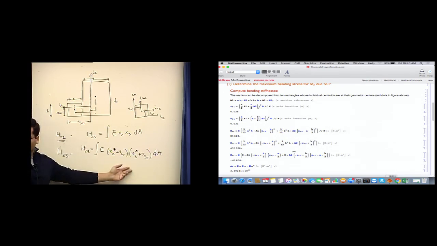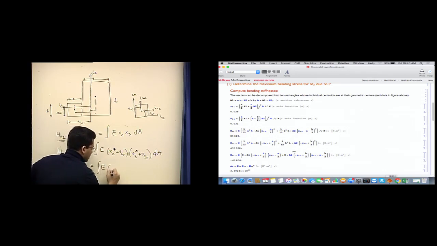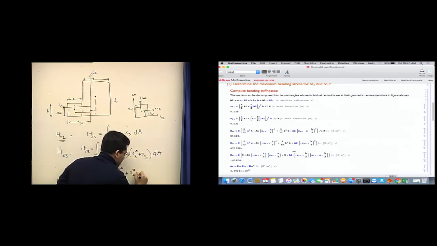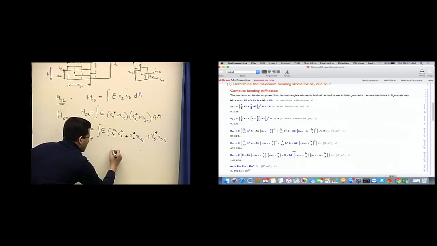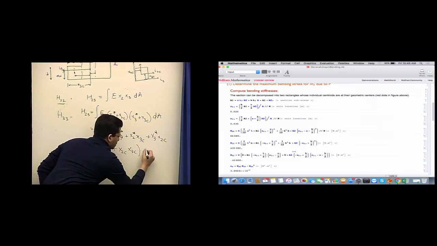So now we just have to multiply these. So we get the integration of E times x2 star times x3 star plus x2 star times x3c plus x3 star times x2c plus x2c times x3c dA.